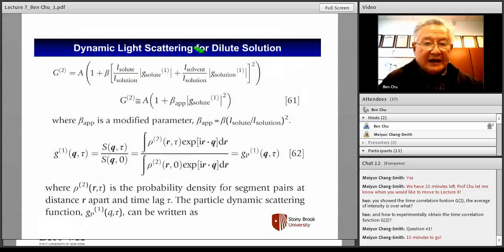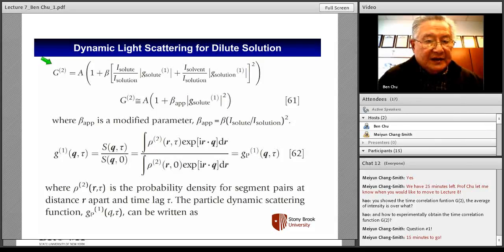So dynamic light scattering for dilute solution, we have not too much time left, is really a part that I would like to call to your attention. When we look at it, the excess scattered intensity is the intensity of the solute, coming from the intensity of the solution minus the intensity of the solvent.